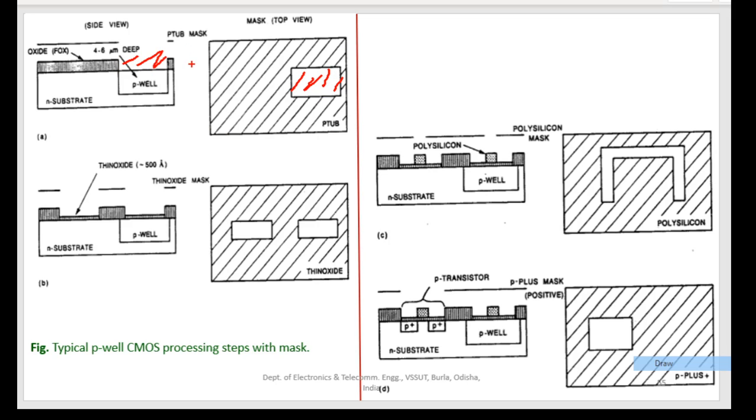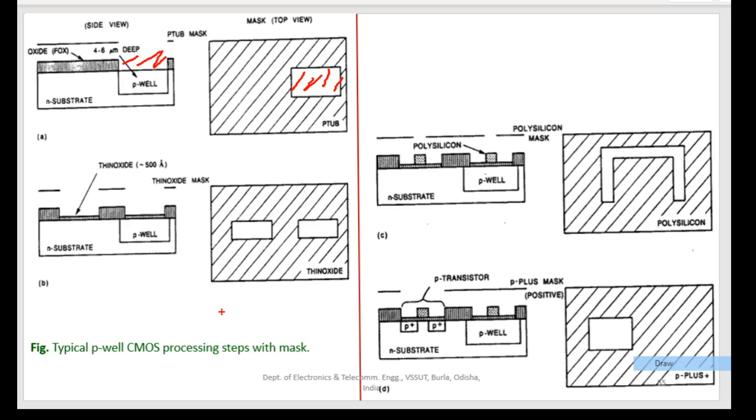Okay. The next is to define the active region for the two MOSFETs. Okay, so this is the active region for NMOS. This is the active region for PMOS. Okay, so from top it will look like this: the active region, the active region. Okay, now this was P well, and P well will contain N MOSFET.